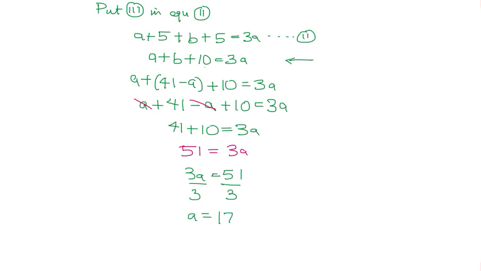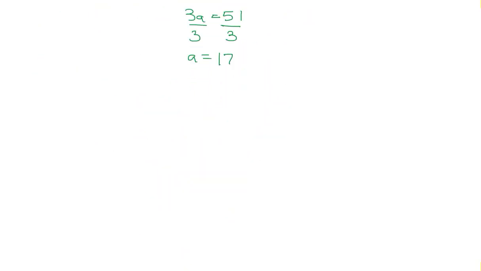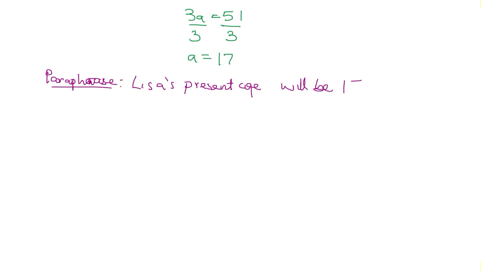So we know that in the question above, A is equal to Lisa's present age. Therefore, in this particular question, we are able to determine what A is. So if you paraphrase our solution, what we determined is that Lisa's present age will be 17.